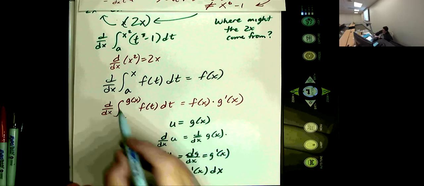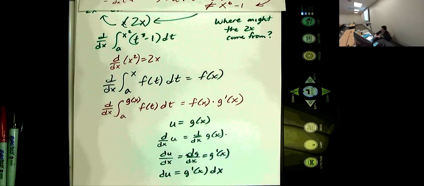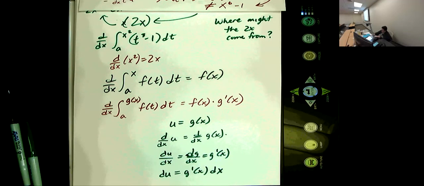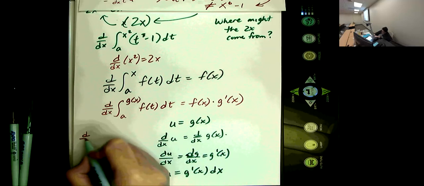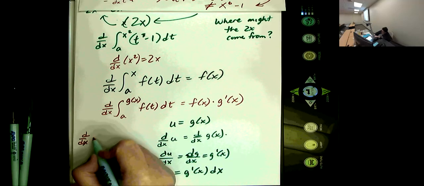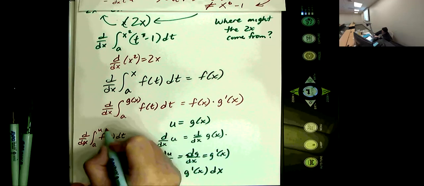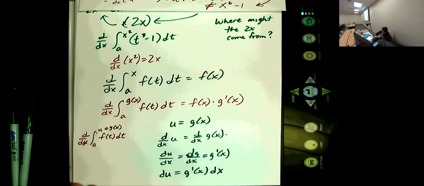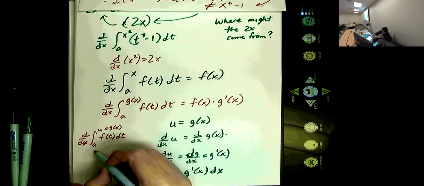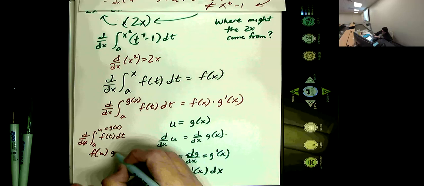So if I turn that into d/dx of the integral from a to u of f of t dt, where u equals g of x, I get f of x, or f of u, du.